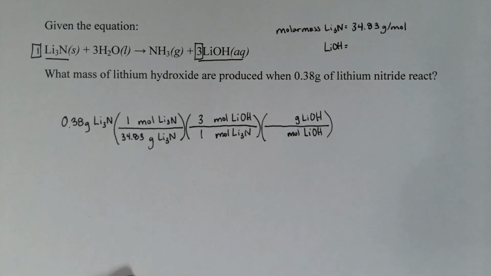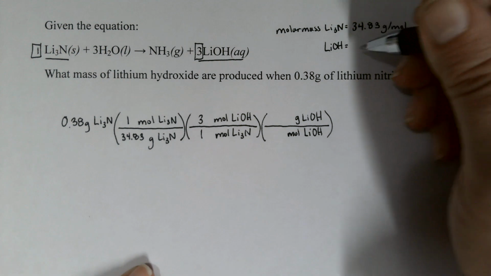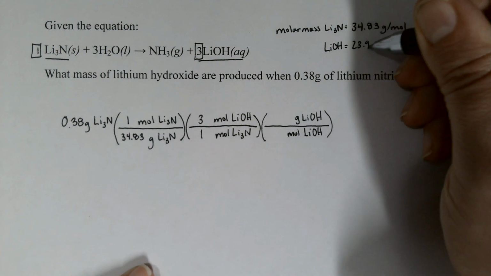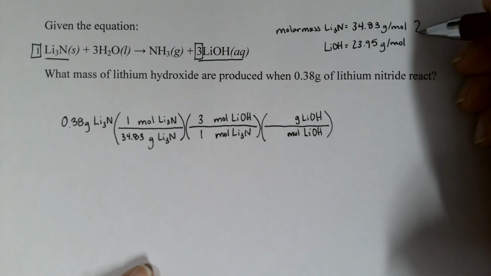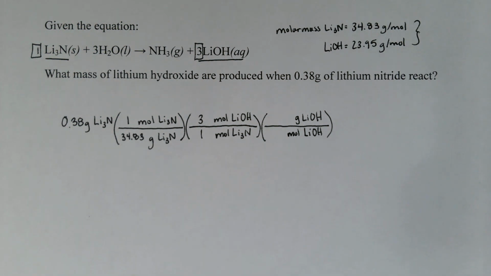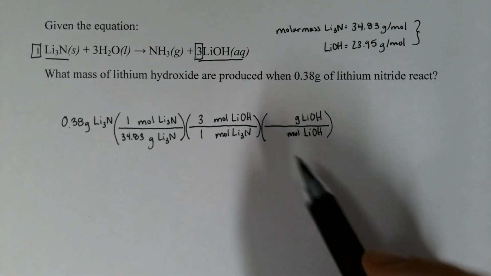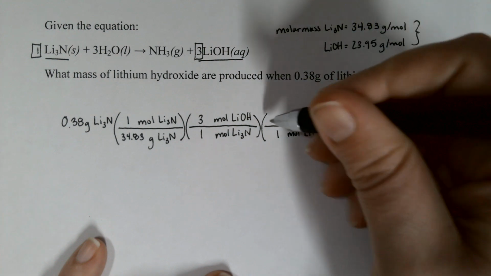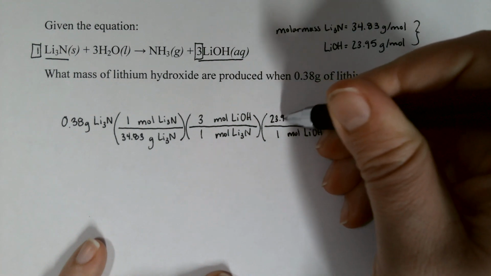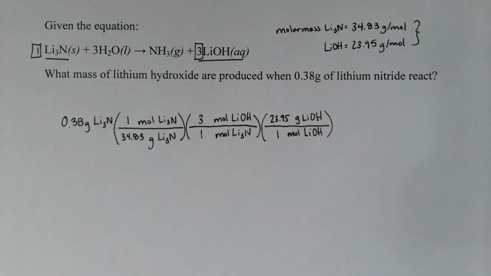And the molar mass of lithium hydroxide, which comes from the periodic table, is 23.95. Remember, these values come from the periodic table, simply adding up the atoms that make up these substances. Okay, so 1 mole of lithium hydroxide for every 23.95 grams of lithium hydroxide.